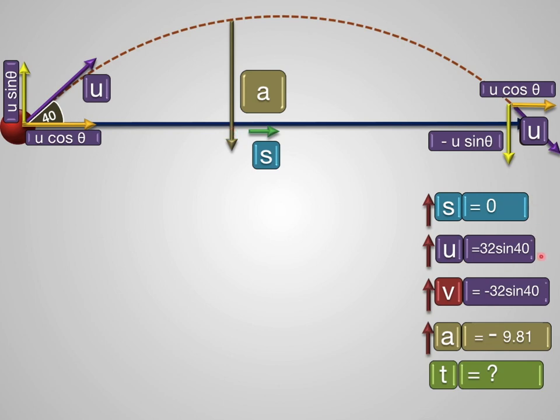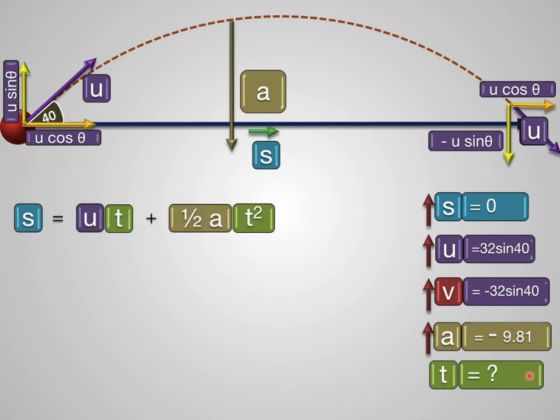I know every quantity here, so you can use any equation of motion. You have two options. You need to use only one, but I am going to show both equations. The first one is ut plus half at squared. We have already used this horizontally, so now we are going to use this vertically. Put everything vertical. The vertical displacement is 0.